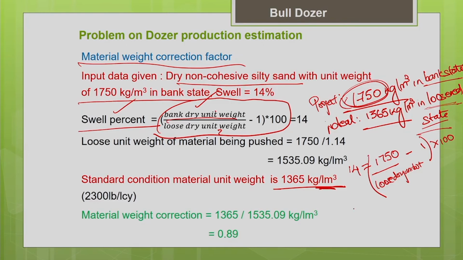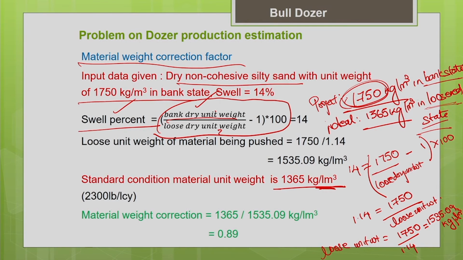So 14 by 100 plus 1 is nothing but 1.14, equal to 1750 divided by loose unit weight. Now your loose unit weight is nothing but 1750 divided by 1.14, that is nothing but 1535.09 kg per loose meter cube. So this is what is determined here. Loose unit weight is nothing but 1750, that is bank unit weight, divided by 1.14, that gives you 1535.09.